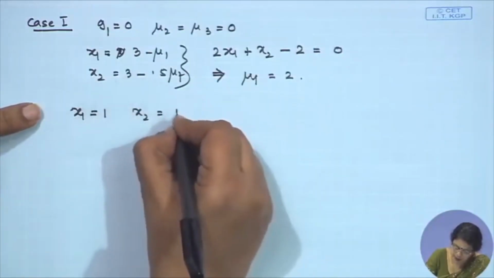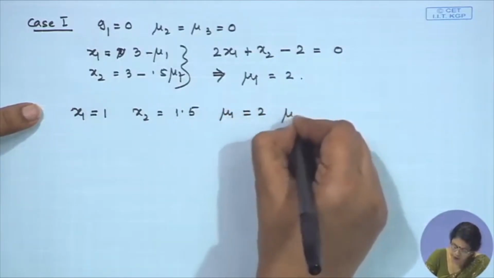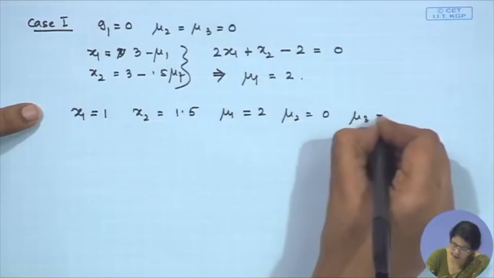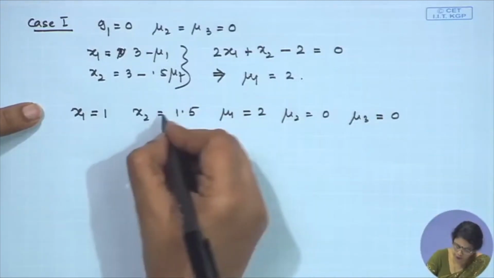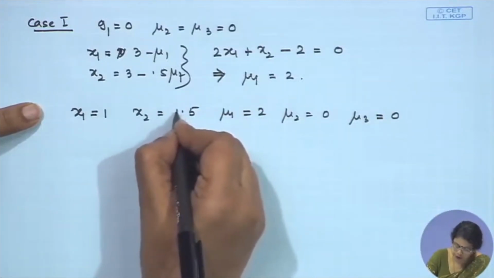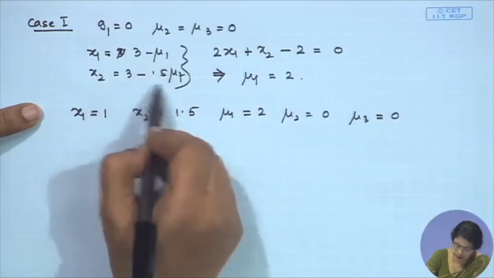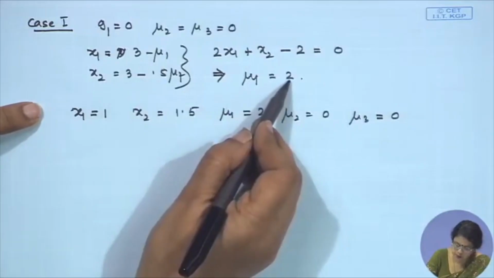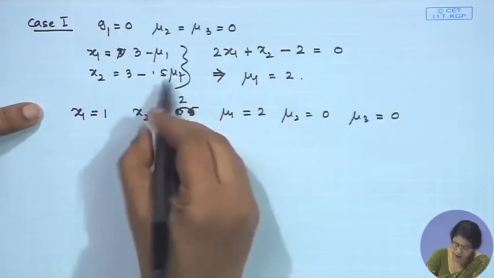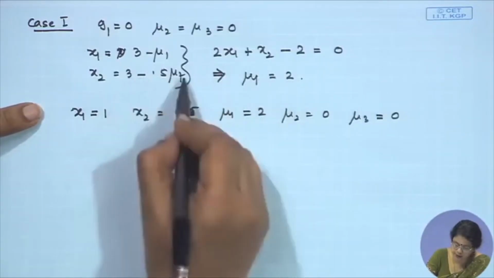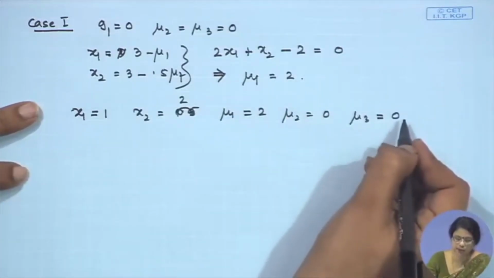For x2, this would be equal to 2 only, not 2.5, because 2 into 0.5 is 1, and 3 minus 1 is 2. So mu1 is equal to 2, mu2 is equal to 0, mu3 is equal to 0, and we get this value.